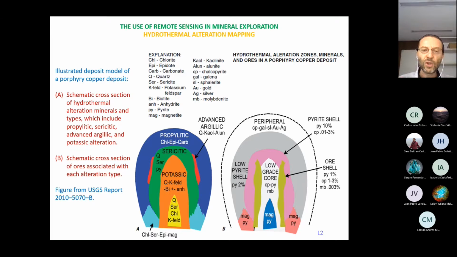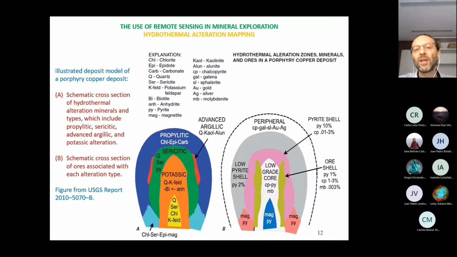But if we were to focus on the hydrothermal deposit in general, as you can see, these are what we call the hydrothermal alteration zones. So we have different zones, and here is the mineralogy. For instance, there is a zone which is called the potassic zone. Now, potassic zone means potassic alteration.